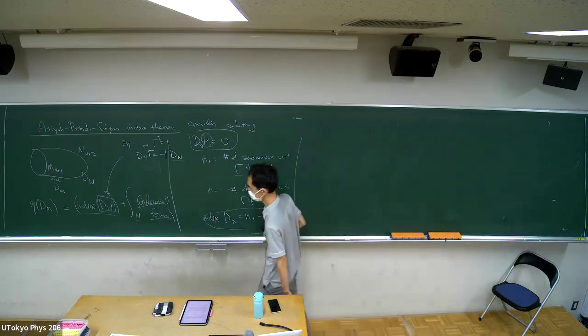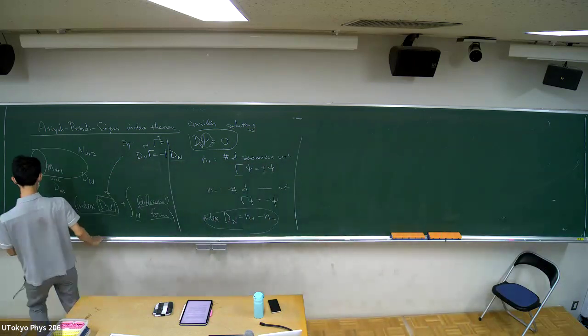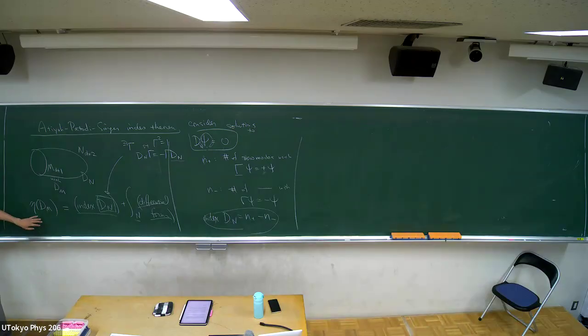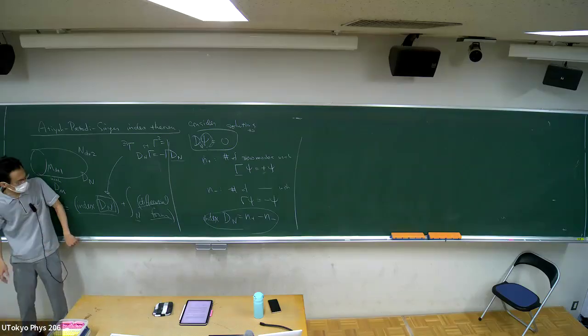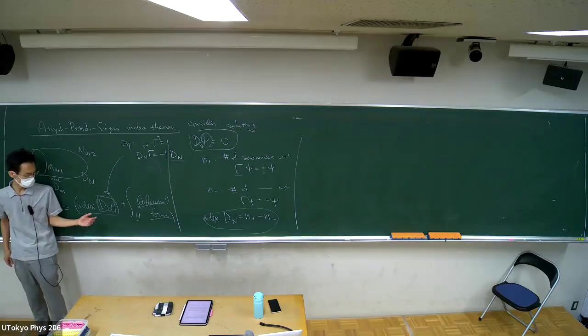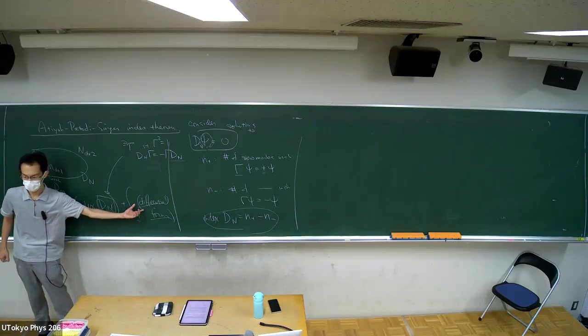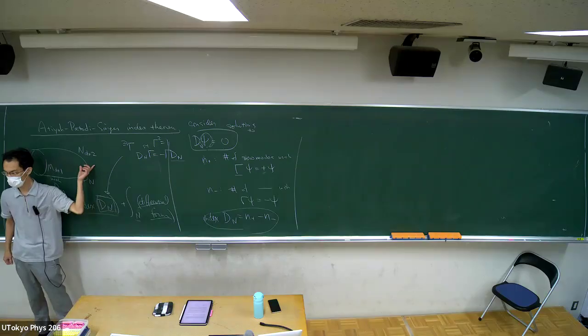So when there is no boundary, you can forget about this, right? When there's no boundary, there's no Dirac eigenvalue, so the eta invariant is 0. So this gives you an equality between the index of Dn and the integral of some differential form over this closed manifold.